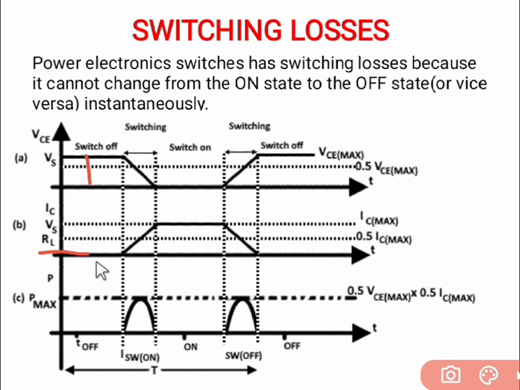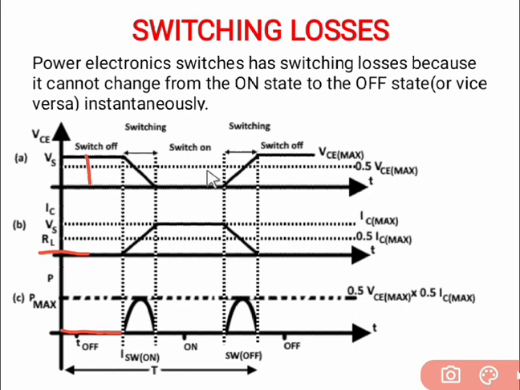We calculate the power dissipated across the two terminals of the device, which is the product of the voltage across the device and the current flowing through the device. If we multiply these two, we get 0, because the current flowing through the device is 0. So we get 0 power loss during the turn off condition.